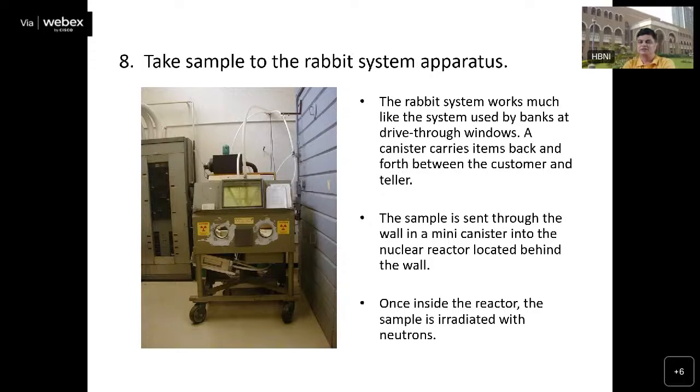A canister carries items back and forth between the customer and the teller. So it takes your samples in the system to the irradiation position, and once the irradiation is completed, you take it out and remove your samples.